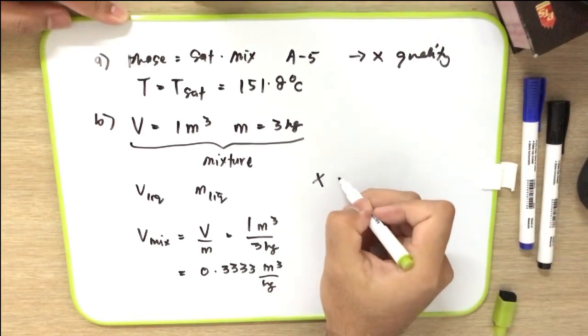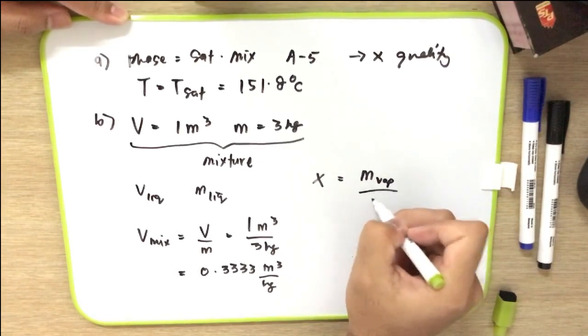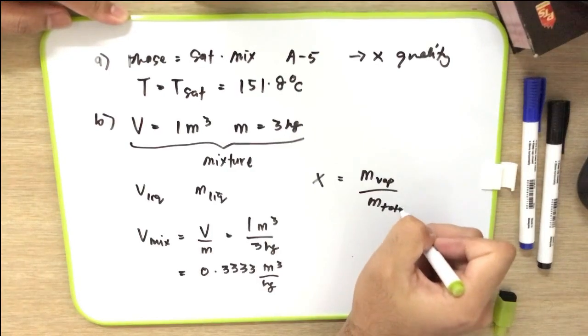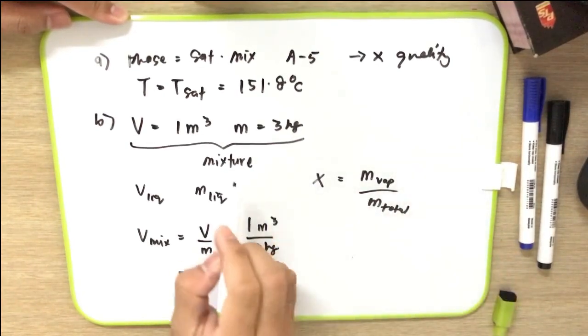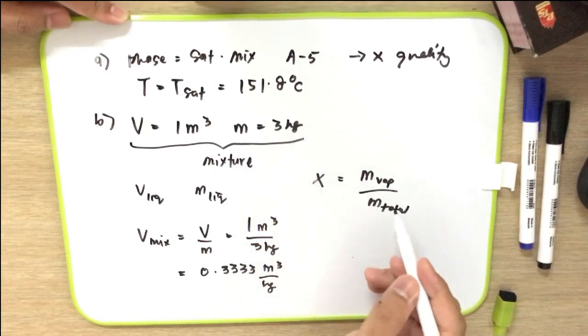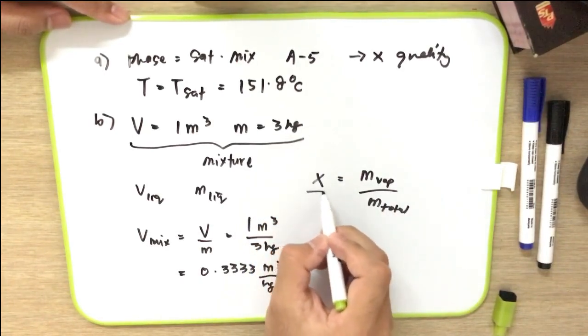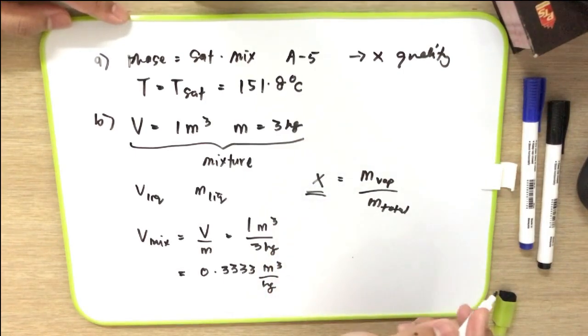The equation for quality is M vapor over M total. So the M total is actually the M mixture here, which is 3 kg. So in order to find the mass vapor, we need to find first the quality. So how to find the quality?